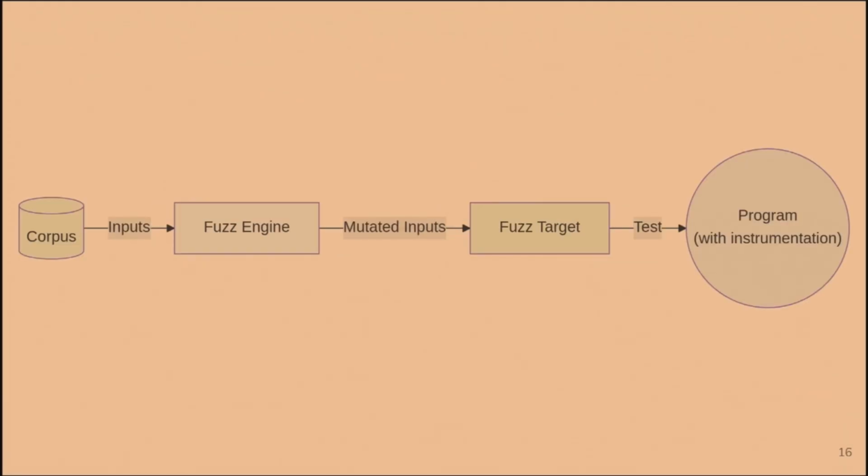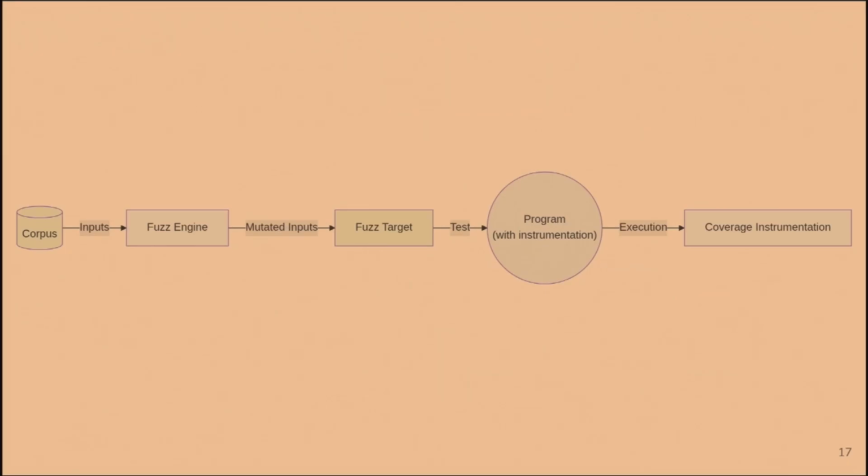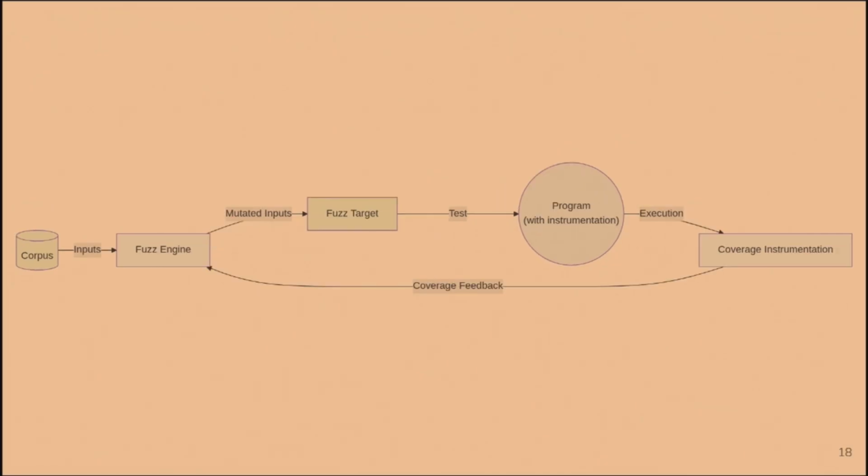So we send it to the program, and when executing the program, we compile it with coverage instrumentation to give feedback back to the fuzzer, which we'll see more about in the next slides.